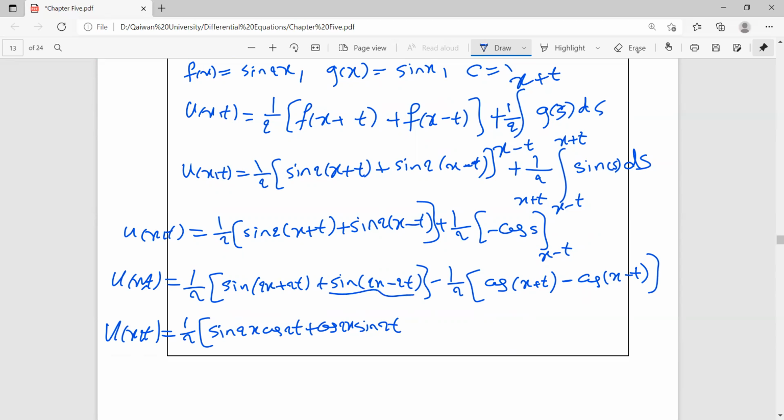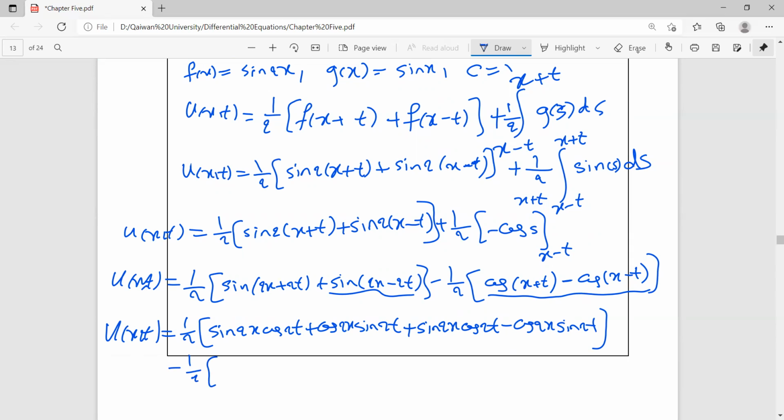Then for this one, we get sine 2x cosine 2t minus cosine 2x sine 2t. We just expand sine of 2x plus 2t and also sine of 2x minus 2t. And then we're going to expand this one also. That's minus a half.